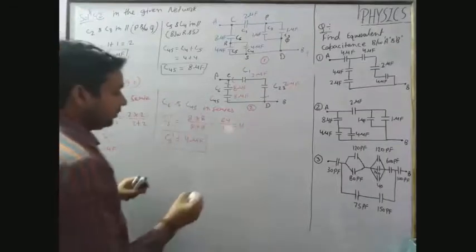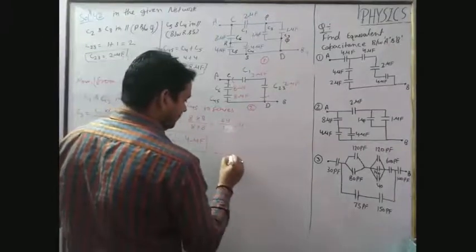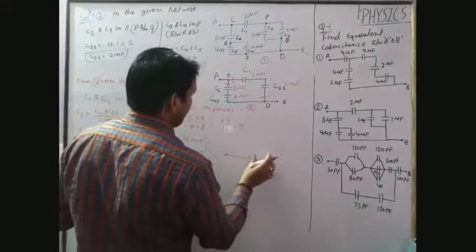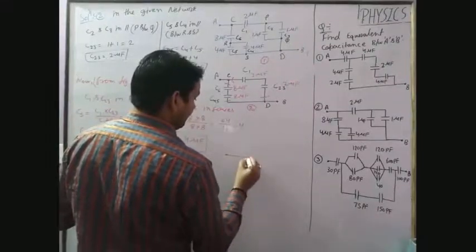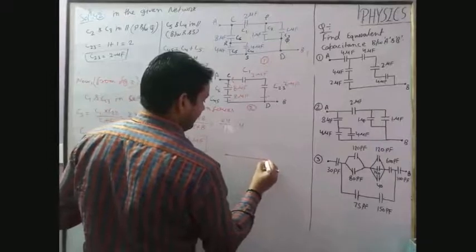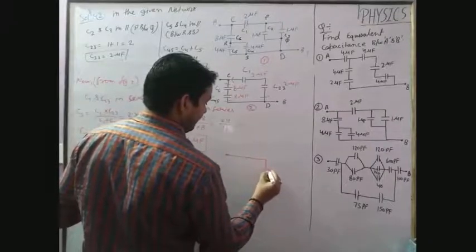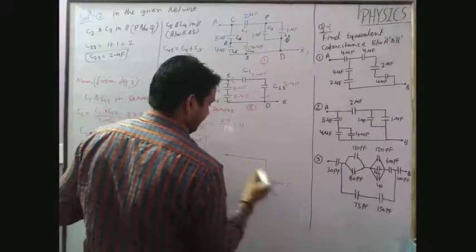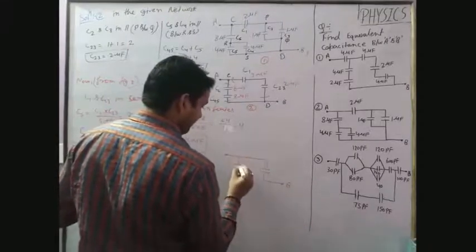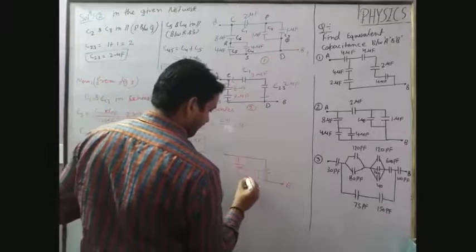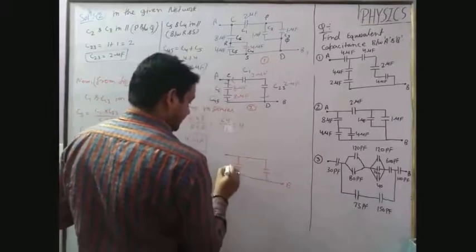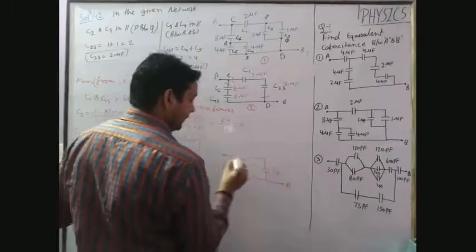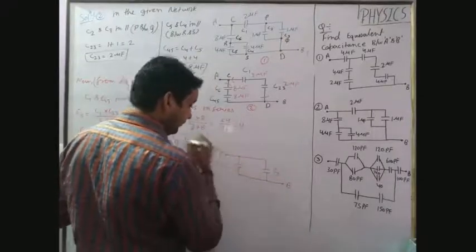After doing so, the circuit is reduced to CS dash and CS. Okay.